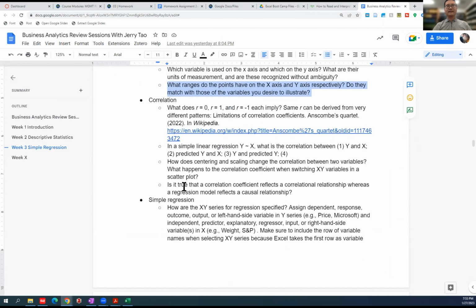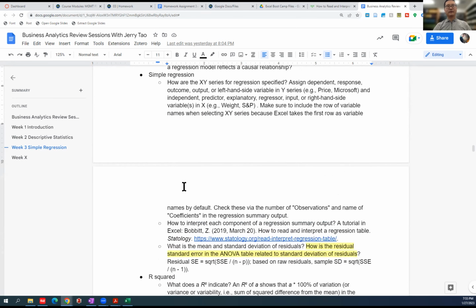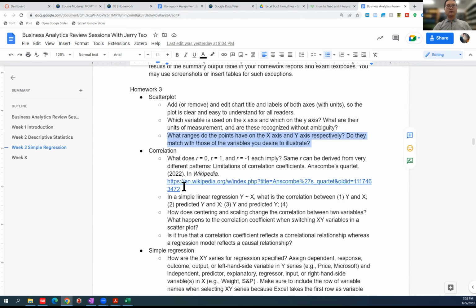Well, let's practice some questions about correlation. Then I will leave the rest of the practice questions to yourselves. Could one of you tell me what a correlation coefficient equal to 0, 1, and -1 each imply?